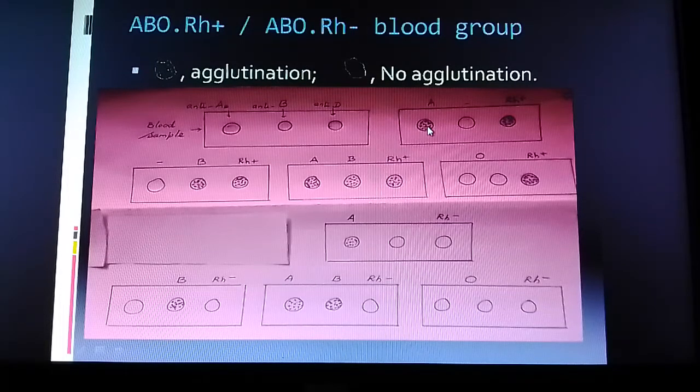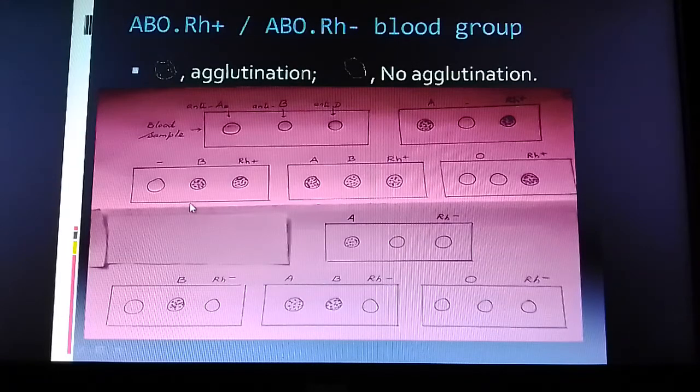So if agglutination occurs with anti-A, you can assume it to be blood group A. There is no agglutination with anti-B, so there is no possibility of the presence of B antigen. And the agglutination with anti-D serum indicates RH positive, designated as RH plus.